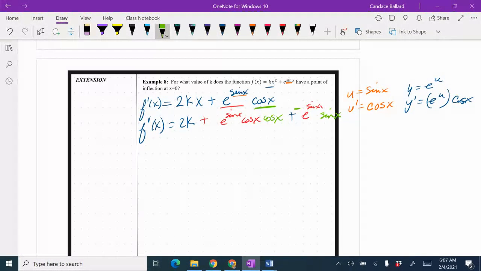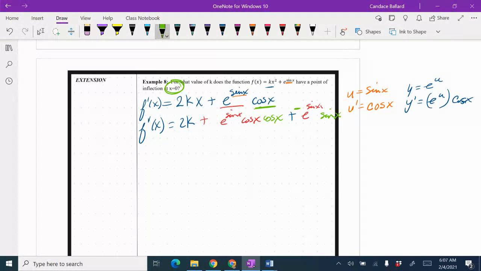All right, then we are supposed to be finding where the x value is 0. So I'm going to plug 0 into this and try to solve for k. Let me write that out a little differently.